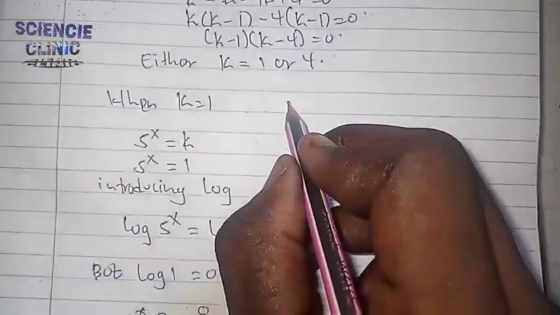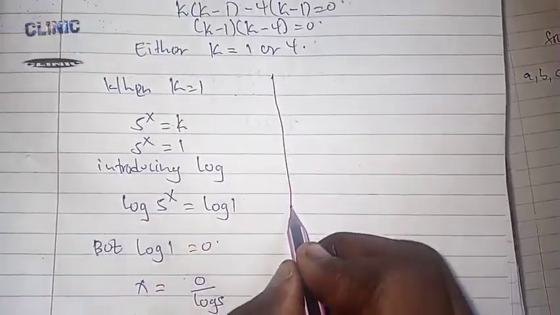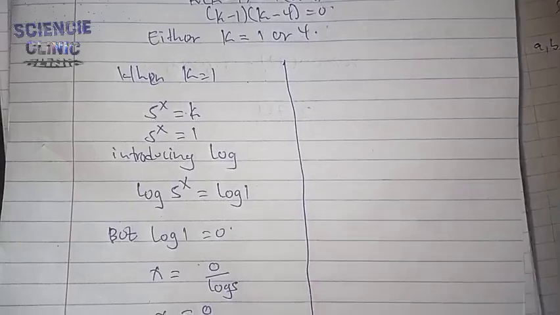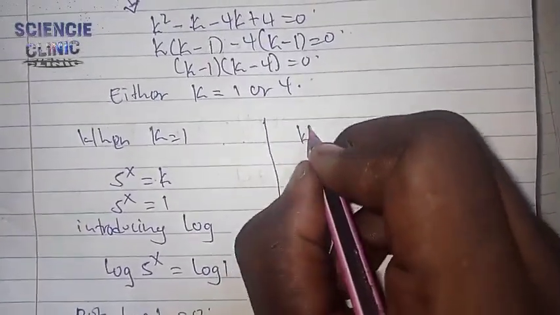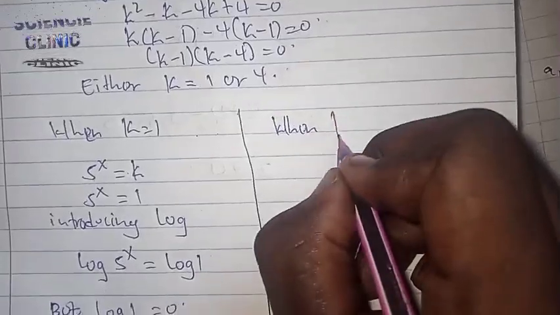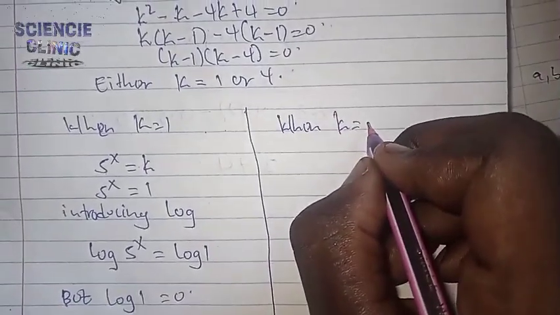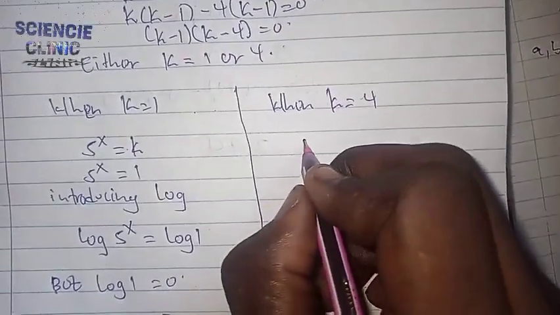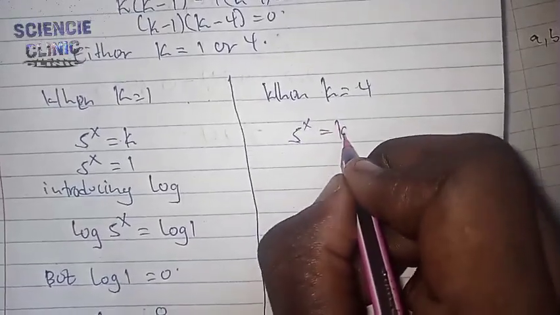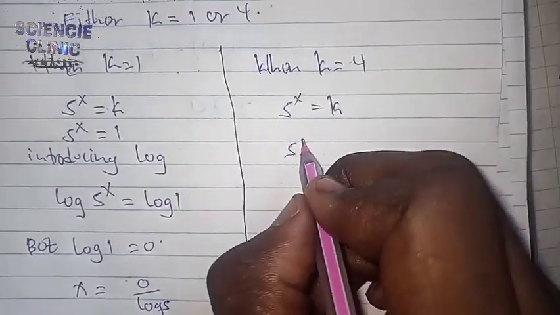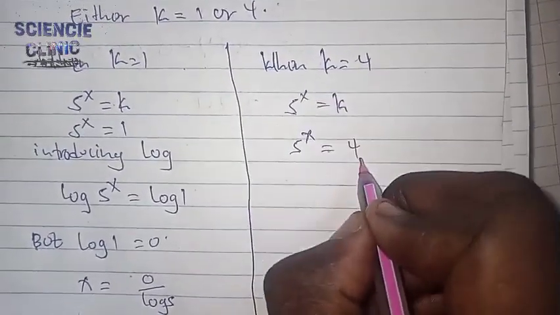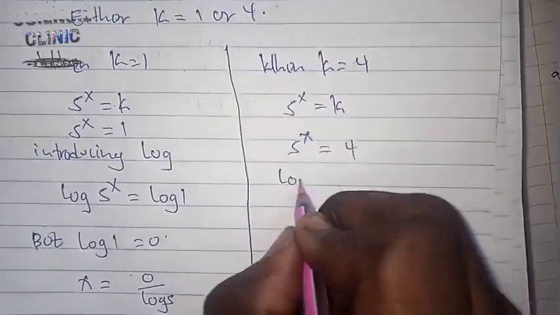Of x. Okay, now I think I can divide here in order not to waste time, and you look at when k equals 4. We are going to have 5 to the power x equals k, 5 to the power x equals 4.